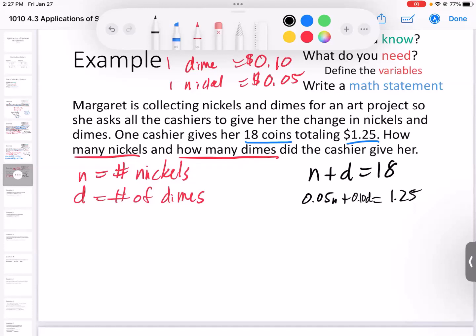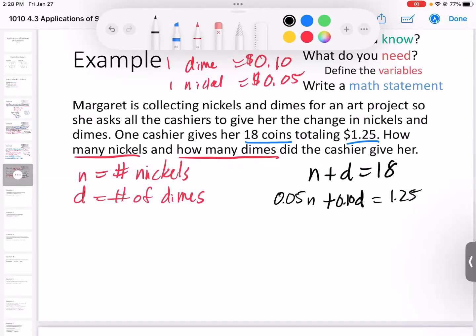Let me rewrite that. But yep, that's exactly right. Because to find out how much money the nickels are, you would do $0.05, or 5 cents, in other words, times the number of nickels, and then find out the amount of money for the dimes. You would do 10 cents times the dimes. So those would be your two equations.